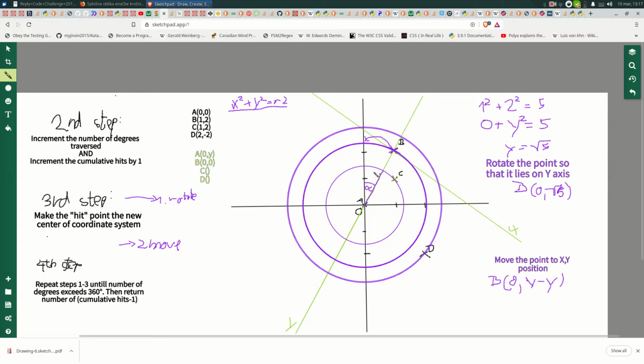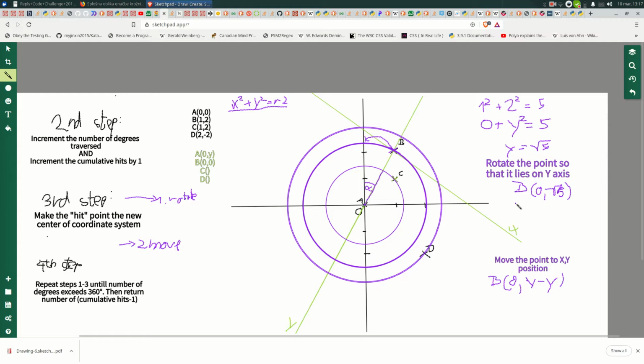So that is the point for our collision point, the hit point. Those are the steps that we make it the center of the new coordinate system.